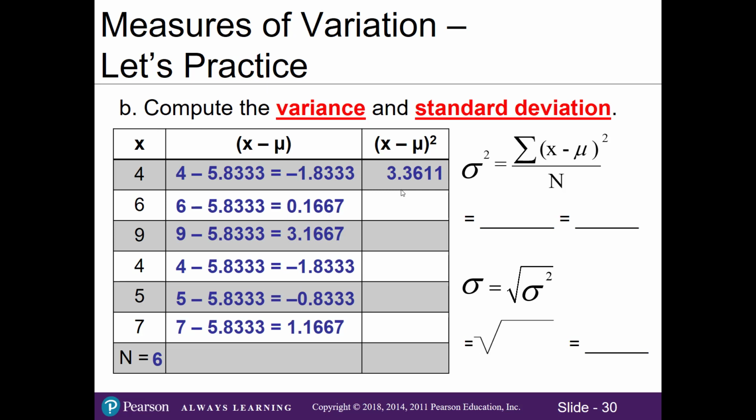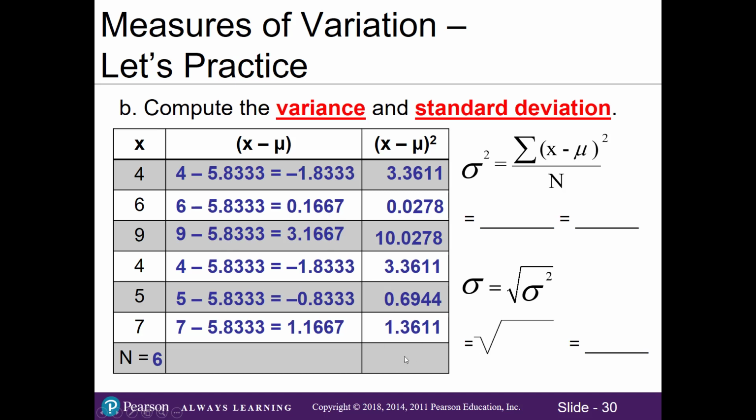So just be aware that my numbers might differ a little bit from yours. And I'll go ahead and continue down, taking each of these numbers and squaring it. So essentially this column is the squared differences between each executive and the average.